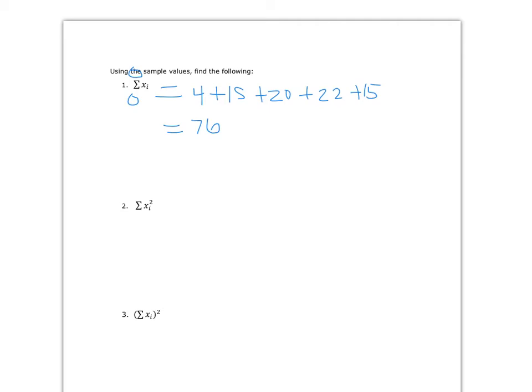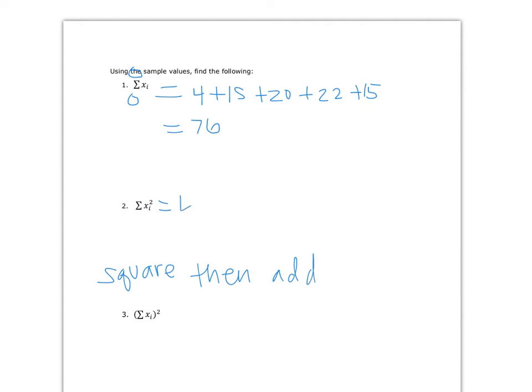Now, sometimes we sum up something other than just the x's. Like this next one, we have a squaring, and then we also have the summation. Now, if you look at number 3, we also have squaring and summation. We want to distinguish between those two. They're not going to give us the same result. We want to make sure we follow order of operations. If you remember, squaring comes before addition. So in number 2, we're going to square the values first, then add.